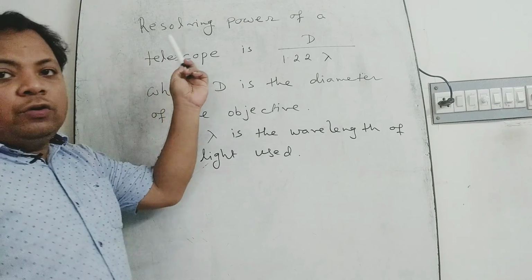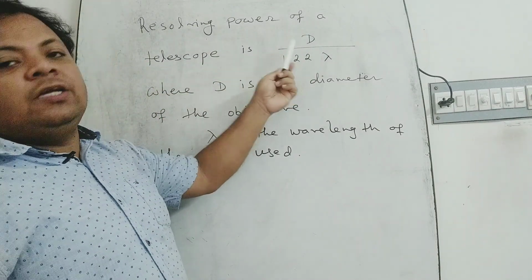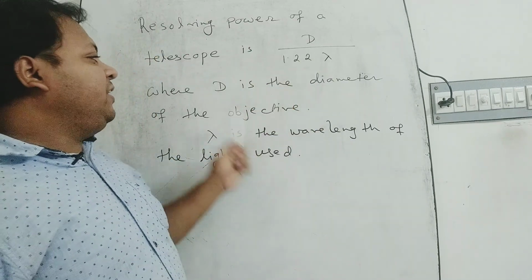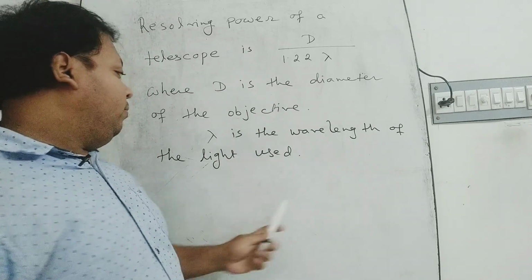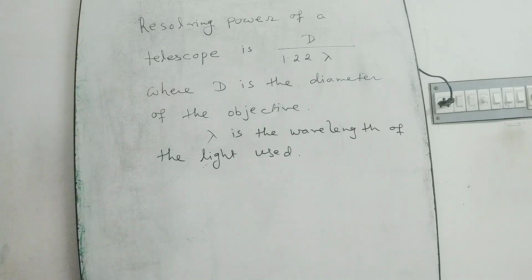Now, the resolving power of a telescope is equal to D by 1.22 lambda, where capital D is the diameter of the objective and lambda is the wavelength of the light used.